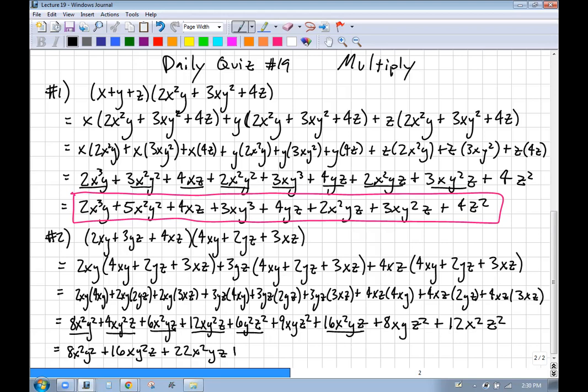There are no other. How about an x, y, z squared? There's 9 of them. X, y, z. Here's another 8. 9 and 8 make 17 x, y, z squareds. And then we have left over 12 x squared, z squared.